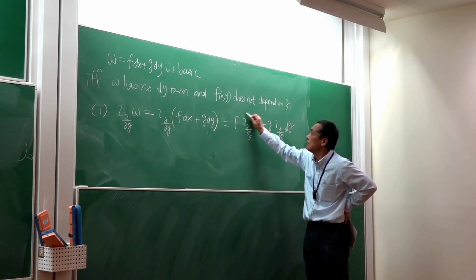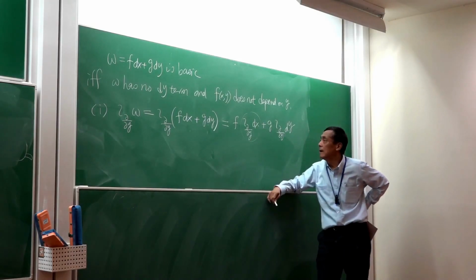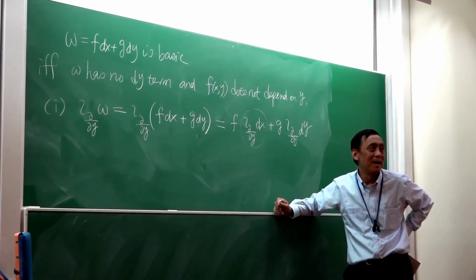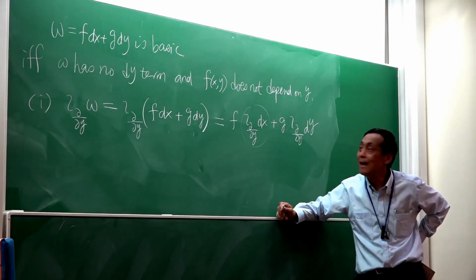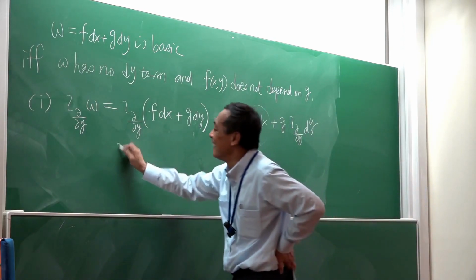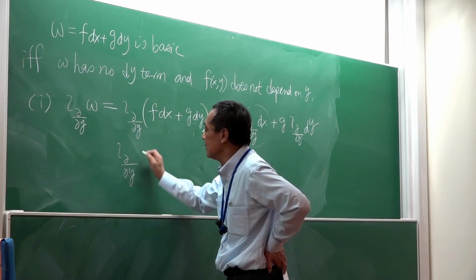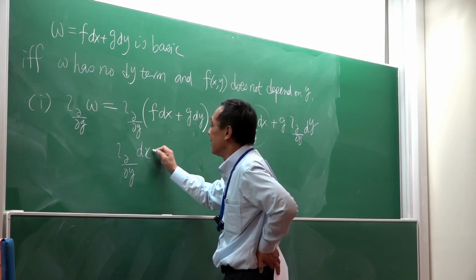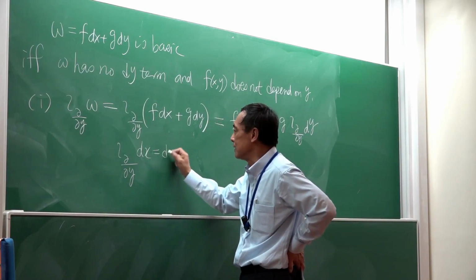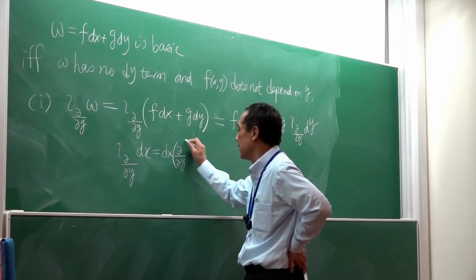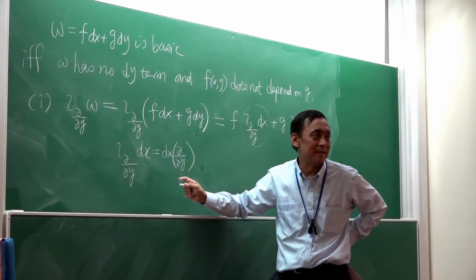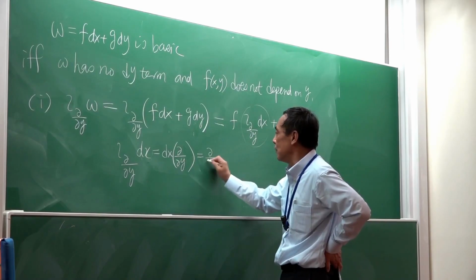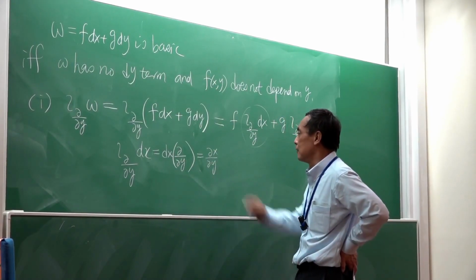And now, how do you calculate this? Why is I_{d/dy} dx zero? You just apply dx to d/dy, that's the definition, and this is d/dy of x, so that's 0.